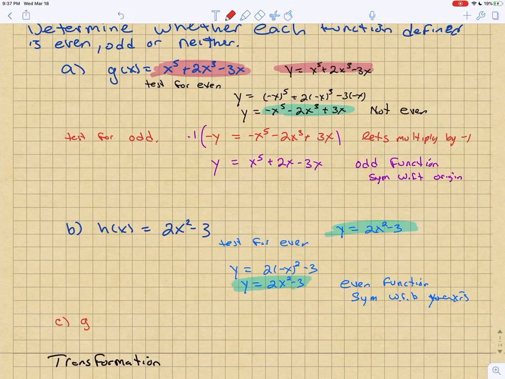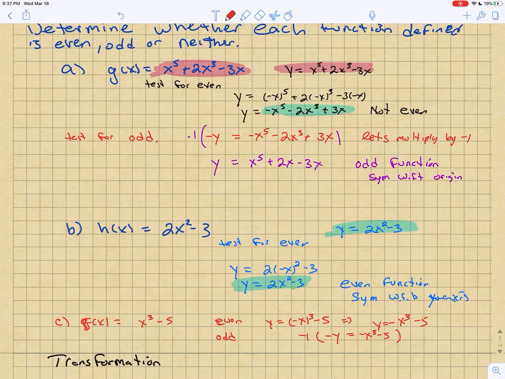C, we'll say f of x is equal to x cubed minus 5. We'll test for even, which means change x to the opposite of x. I get y equals minus x cubed minus 5. Not the same. Odd: replace y with a minus y.